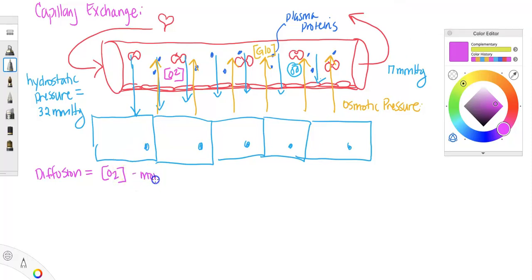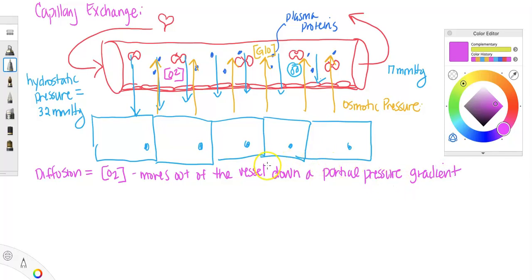Oxygen moves out of the vessel down a pressure gradient. We call it a partial pressure gradient, which we will talk more about when we get to the respiratory chapter. But there's diffusion going on, and that's allowing oxygen to go into the cell.